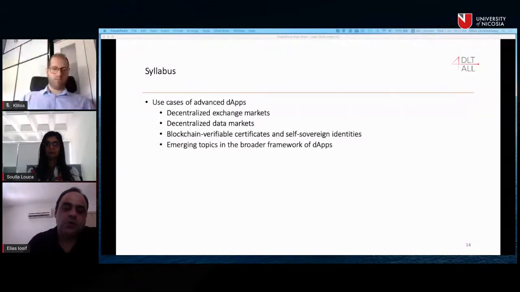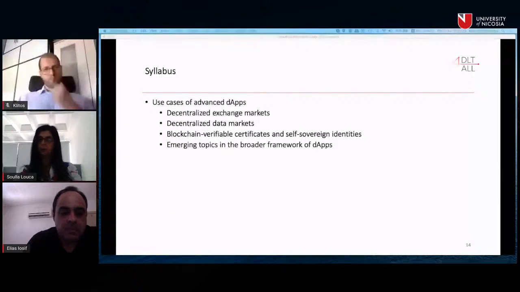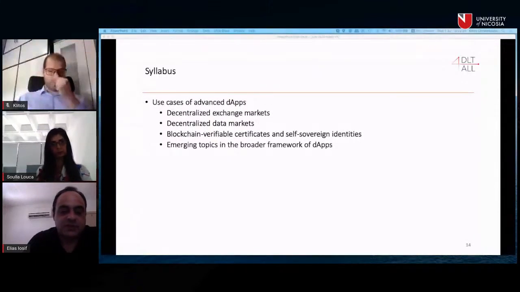So for our course, we plan to start from one of the traditional use cases dealing with cryptos. Probably, up to date, the most successful blockchain-based application is the first one made possible by the Bitcoin blockchain, which is making transactions, sending bitcoins and cryptos.